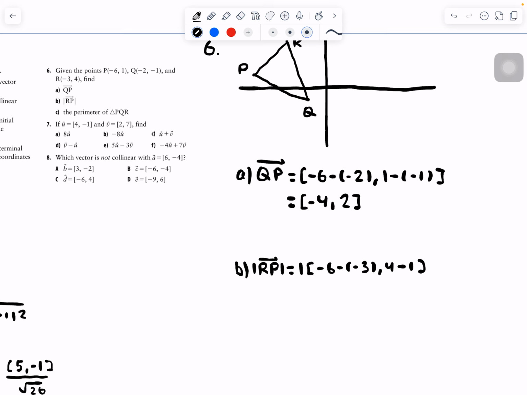Actually, no, I screwed that up. It's going to be RP: -6 minus -3, and then 1 minus 4. That makes sense.